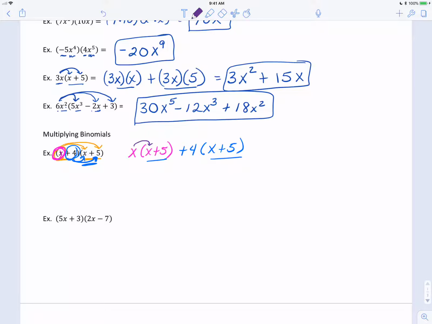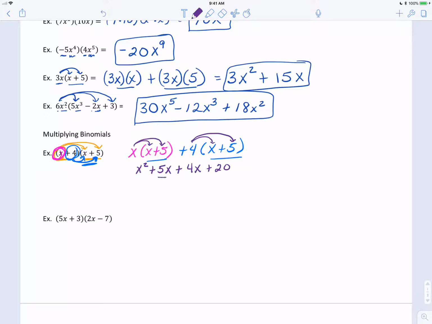X times x gives me x squared. X times 5 gives me 5x. Now the 4 times x gives me 4x, and the 4 times 5 gives me 20.